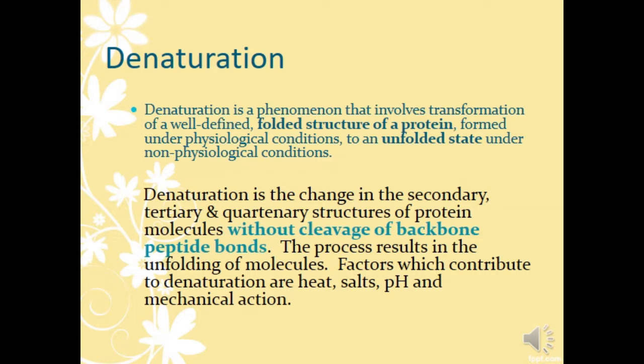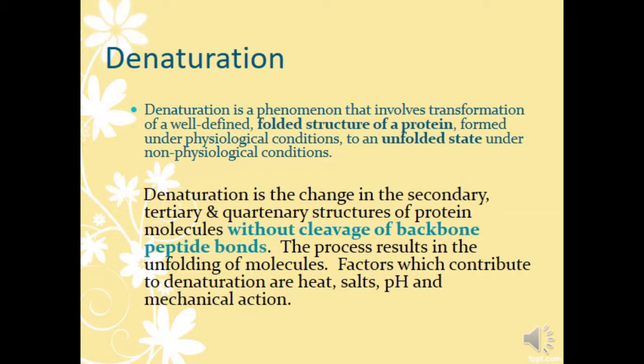In terms of protein, it means you are changing the structure of the protein without disturbing the initial backbone of the peptide bond. You have studied the primary structure, secondary structure, tertiary structure and quaternary structure. Unfolding means the structure, for example, initially is quaternary.